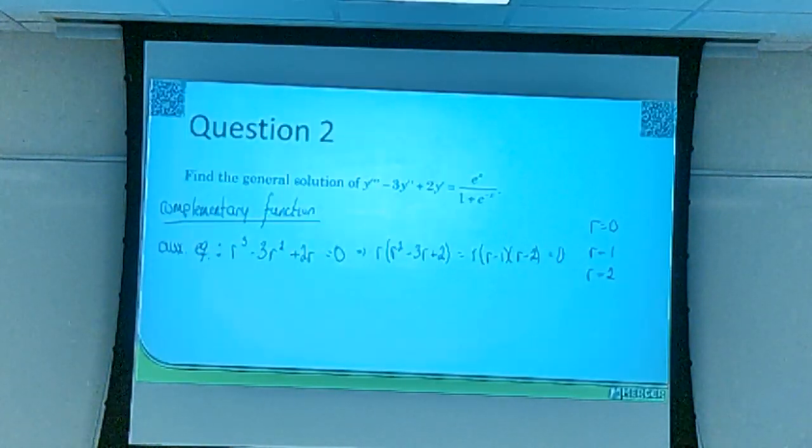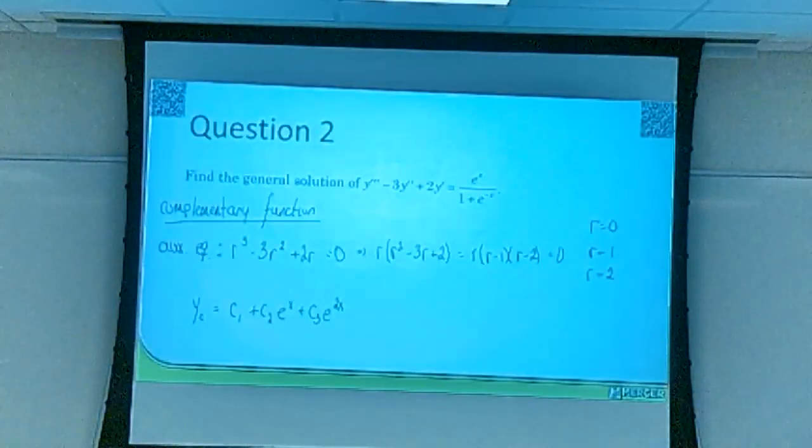What's the complementary? C1, C2 e to the x, and then C3 e to 2x. Right.